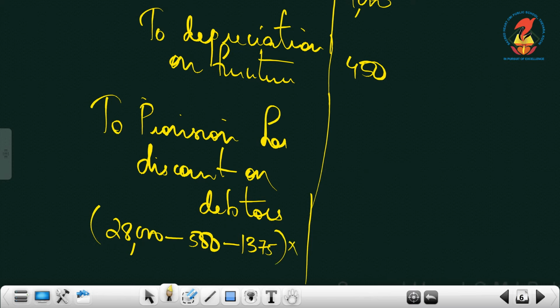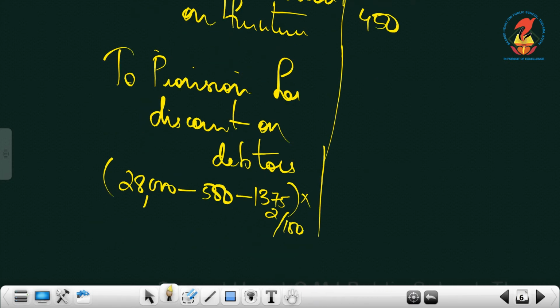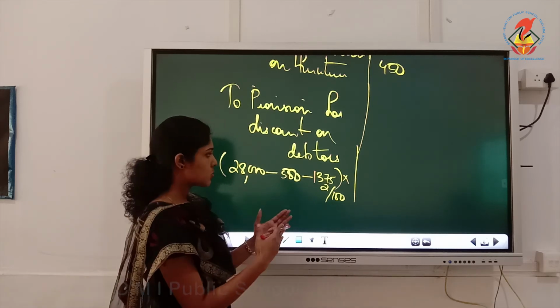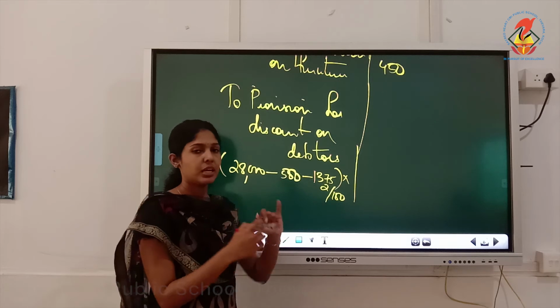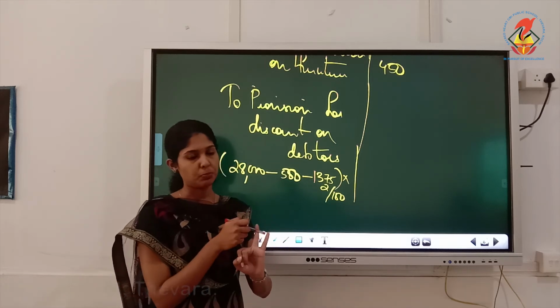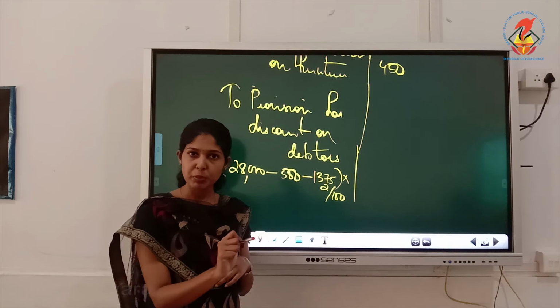On this you can compute 2%. That's the discount, provision for discount. Understood? So discount can be allowed only on good debtors. Good debtors means from your debtors deduct further bad debts, then deduct one more item, that is the new provision. How did we compute the new provision?